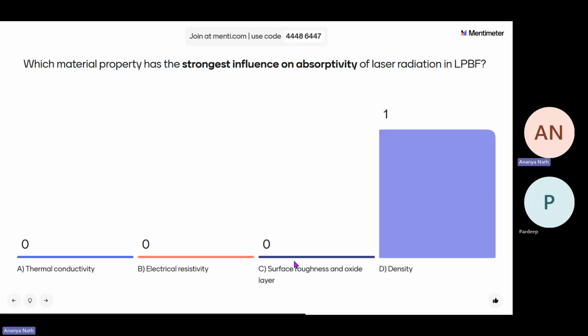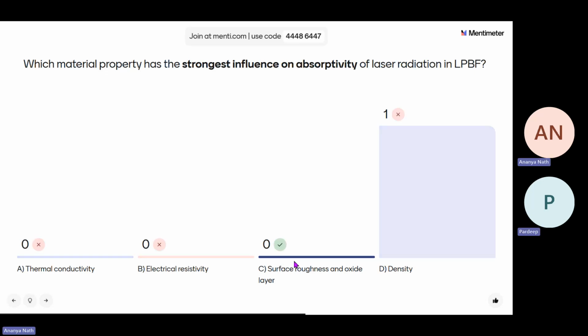When your surface is rougher, you have higher absorptivity. When you have oxide formation, you decrease the absorptivity. It clearly depends on the material property itself. Every material has a different absorptivity for different wavelengths of the laser. And if your roughness is more, your absorptivity increases.